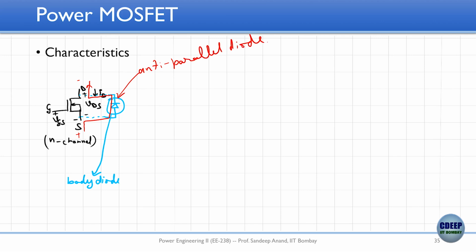It's just a way of calling it. In a way it's a parallel diode to the MOSFET, but we call it anti-parallel because it's connected in a reverse fashion. This diode we are not externally connecting. It's inherent in the power MOSFET structure itself, the vertical power MOSFET structure.